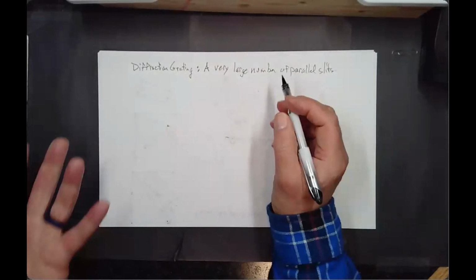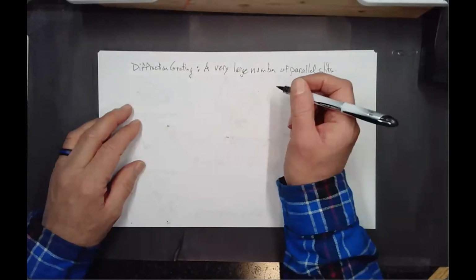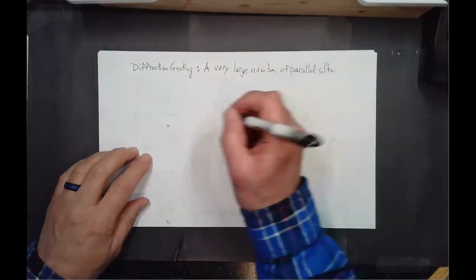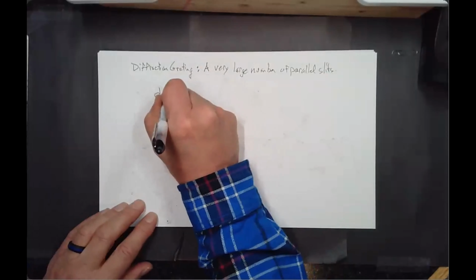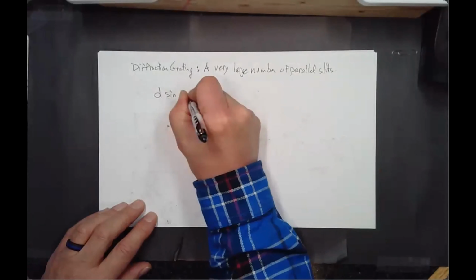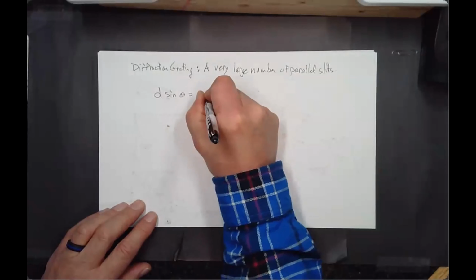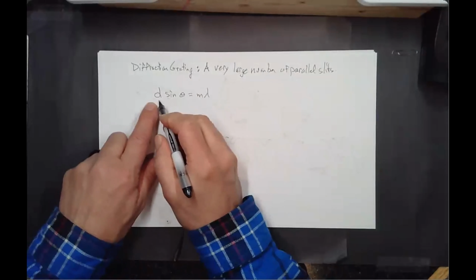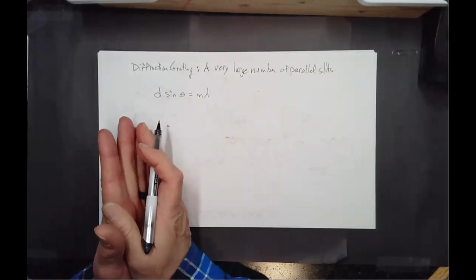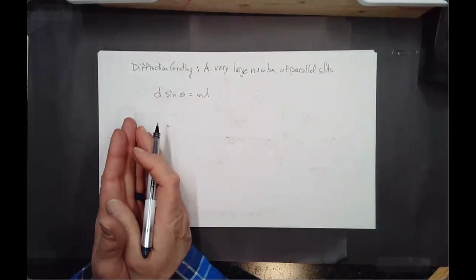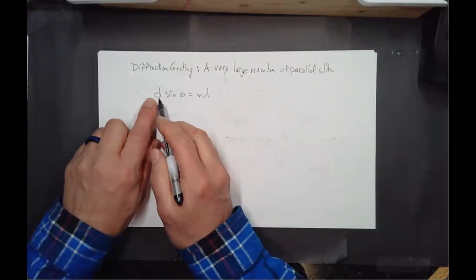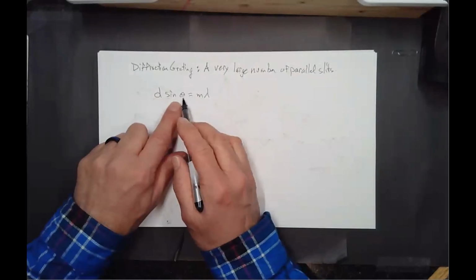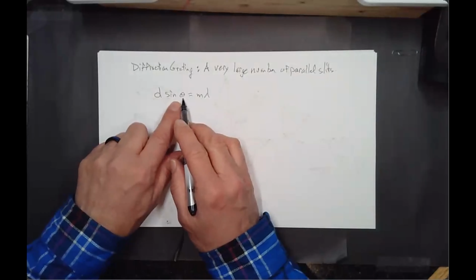And basically, you end up with maxima occurring at the usual spot for parallel slits, which is d sine theta is equal to m lambda, where d is the separation between these parallel slits, but it ends up being extremely small, and it makes the maxima occur at larger angles.